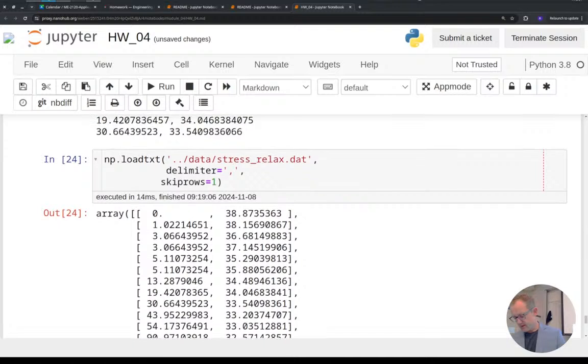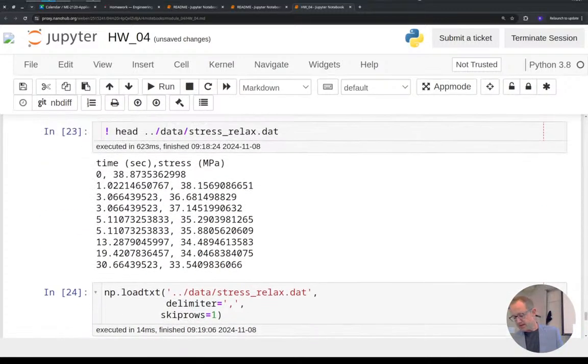And now I've got a nice structured array, time 0, 38. Time 54 seconds is 33. And because I looked at the data file, I know time is in seconds, stress is in megapascals. So that's my process: always look at the raw text that I'm trying to load in, and then use that to tell Python how to read that data in.